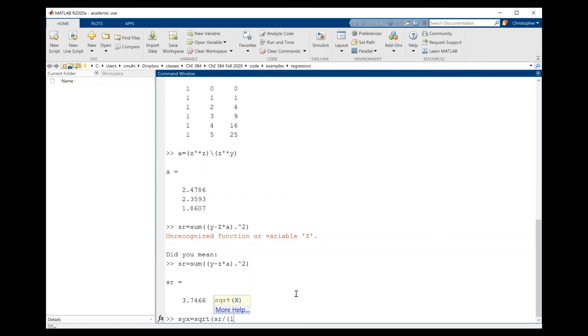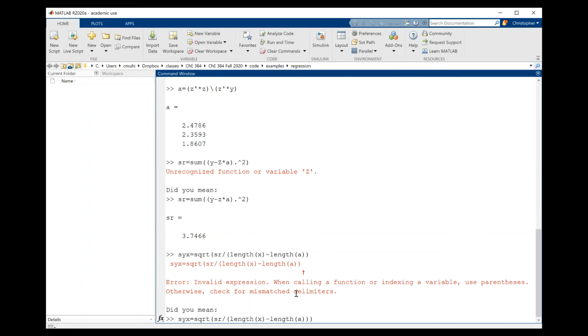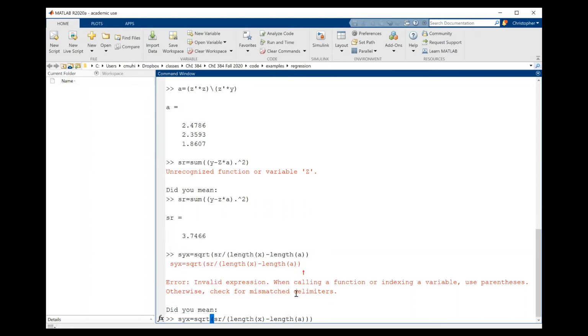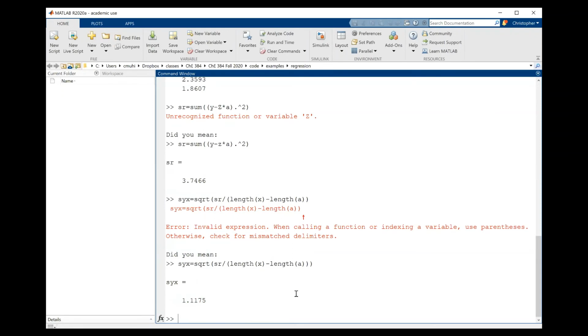Well, we can calculate that relatively easily with length of x minus how many, what's the highest magnitude, which is how many a's we have, so length a. I think I have the right number of close parentheses. Needed one more. So this is going to give us that error.